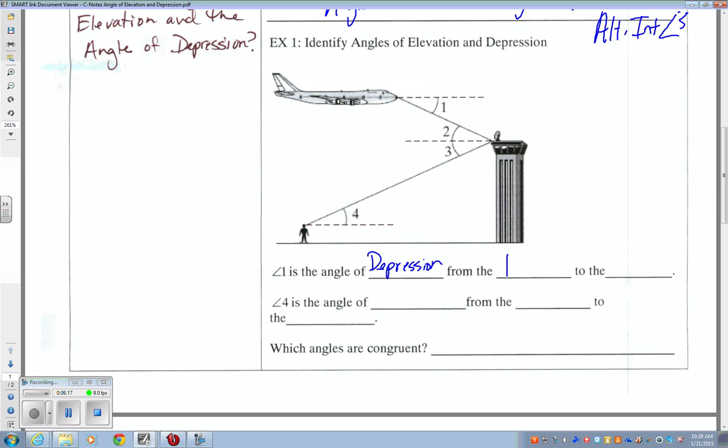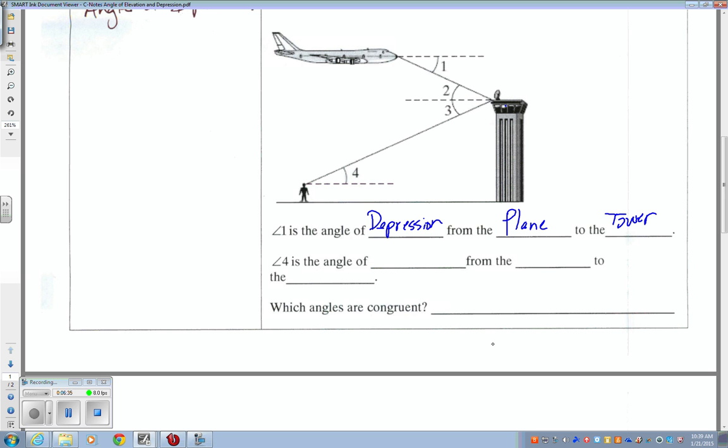Yeah, plane to the tower. It would be the angle of depression from the plane going down to throwing a signal to the tower. Does that make sense? Now, angle 4 would be an angle of what? Yeah, that would be an angle of elevation.